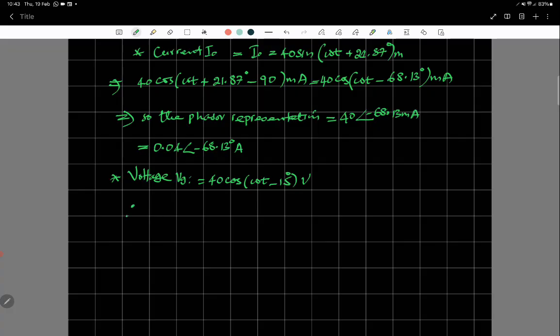So therefore, the phasor representation of the voltage Vg is equal to 40 at angle −15 volts.